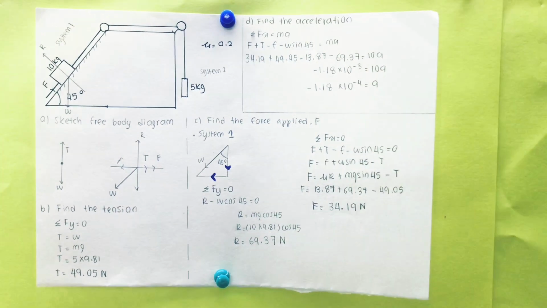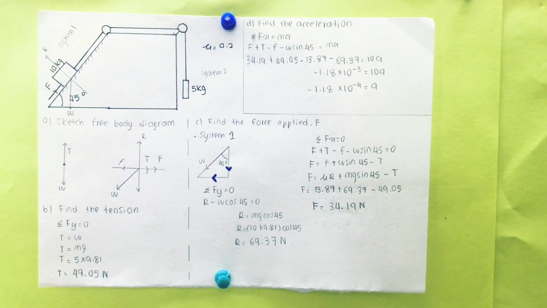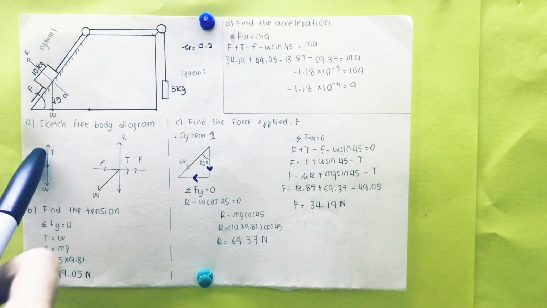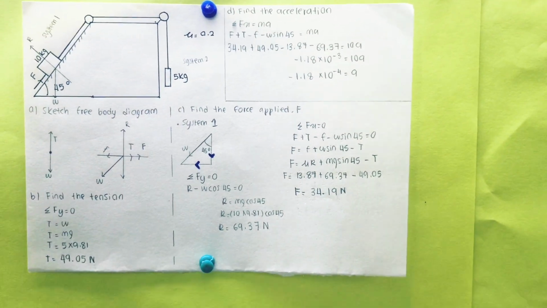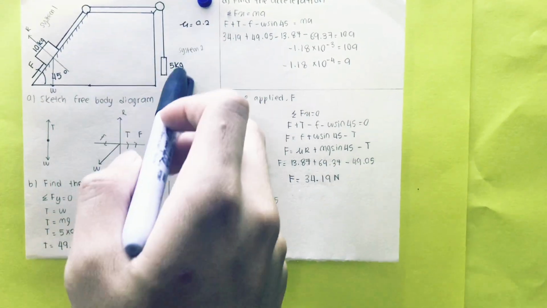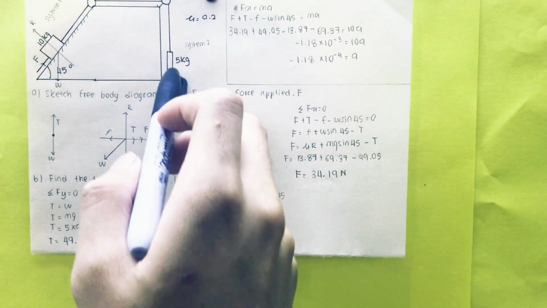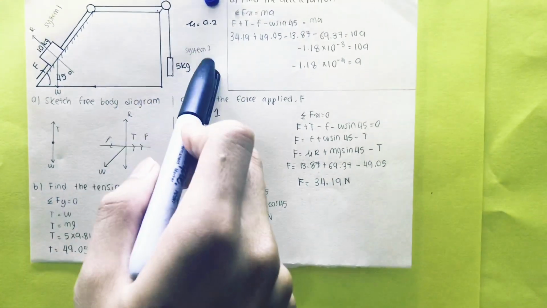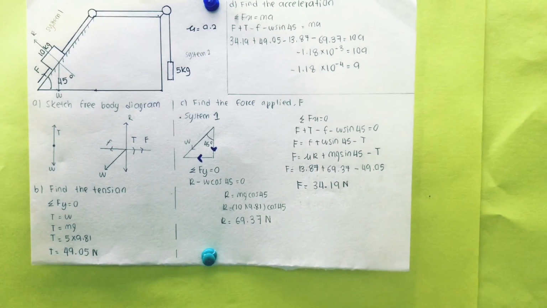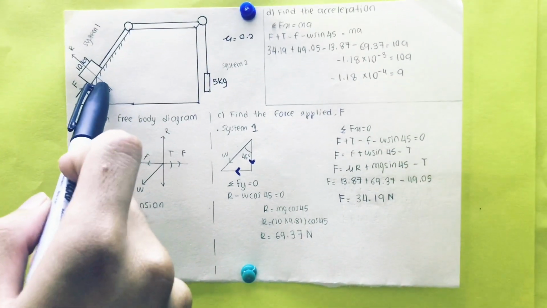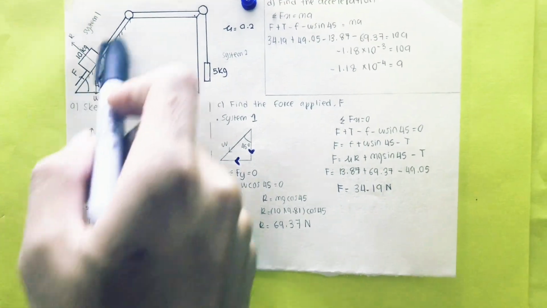The fifth question is about force. The question is about sketching a free body diagram. For system 2, the tension is upward and the weight is downward. So this is the free body diagram for this system. For the next system, we have an object on the gradient.